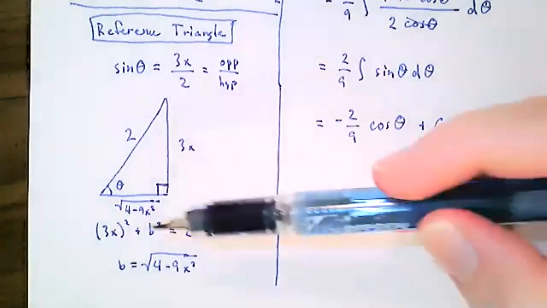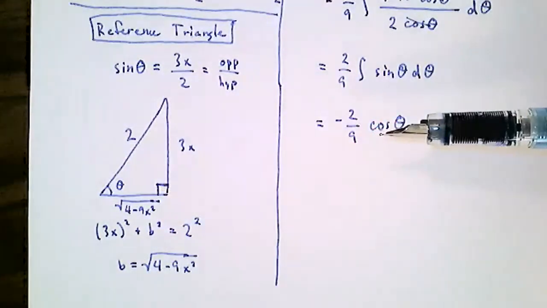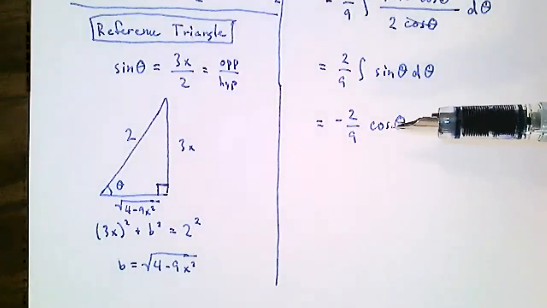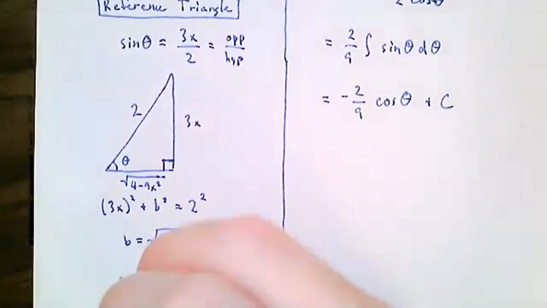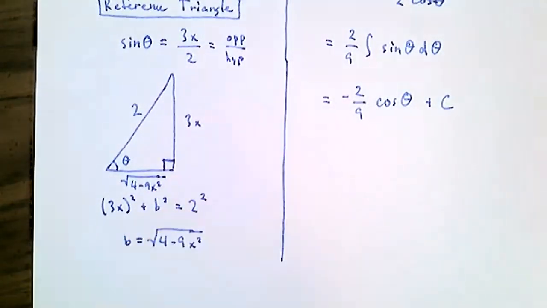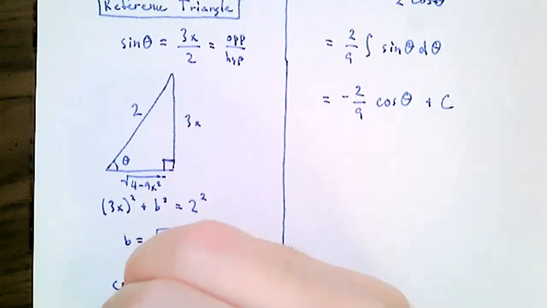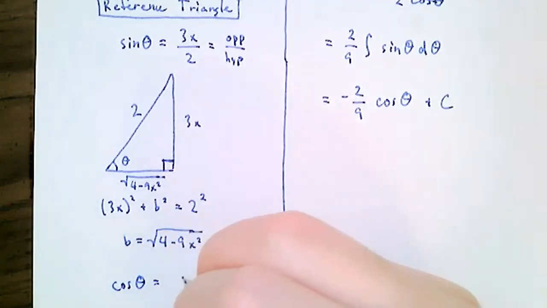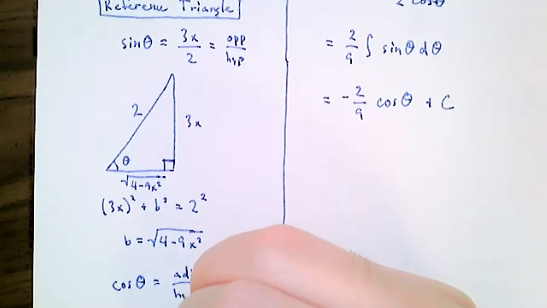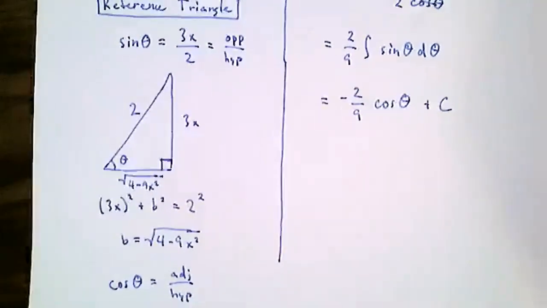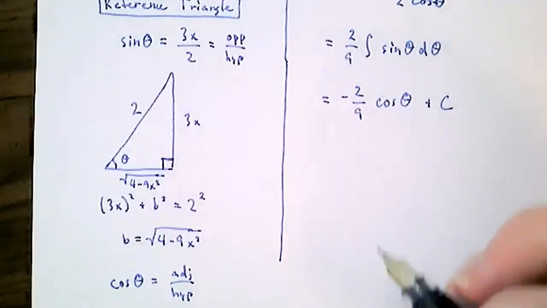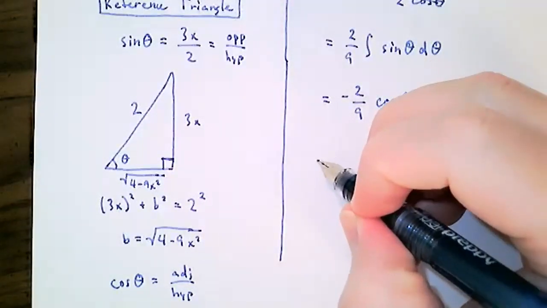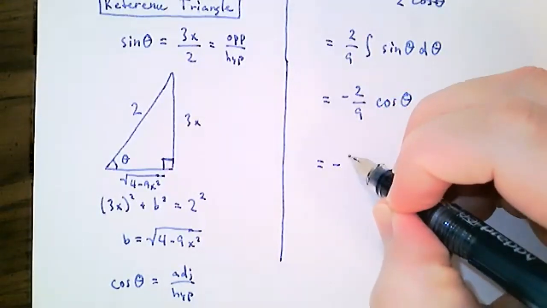Okay, so we needed this side length because we're going to do a cosine. Remember, cosine is the adjacent side. Let's make a note down here. Little reminder, it's the adjacent side length over the length of the hypotenuse. So we'll need this square root of 4 minus 9x squared when we do cosine of theta.